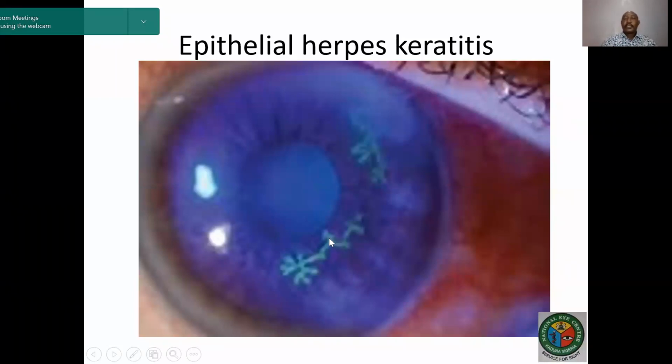Here we can see the filamentous lesions with branches and buds. These are typical of herpes.